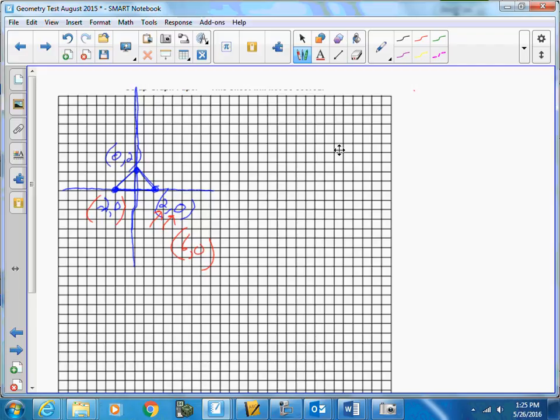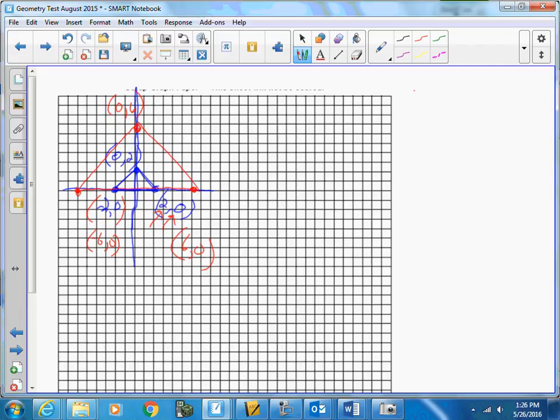So we're going to have 1, 2, 3, 4, 5, 6, 0. And then over here, it's going to be -6, 0 for the image. And then this one's going to be 0, 6. All right, so now here's my new triangle.